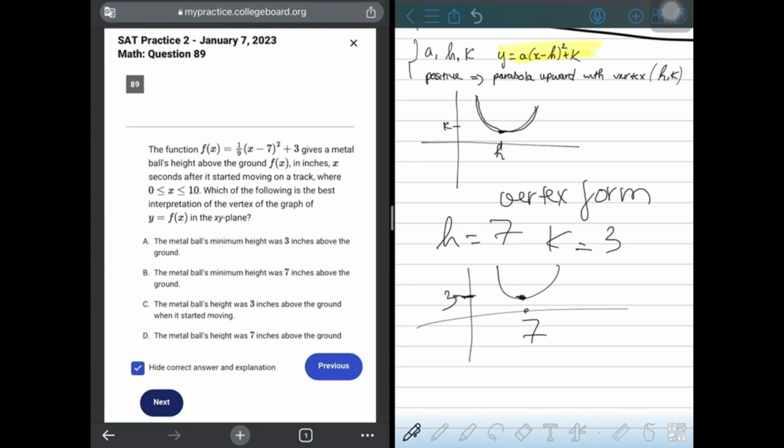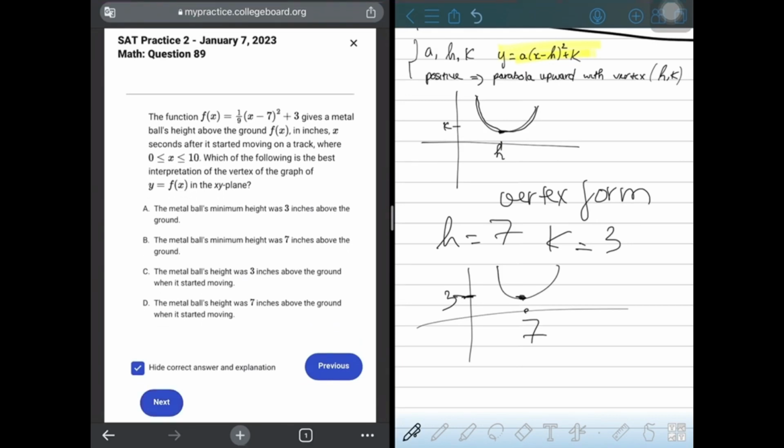So now look at the answers. It's either minimum or maximum. Minimum. So we just consider answers A and B. The 3 here is the minimum height above the road, because 3 here is on the y-axis, and it's also equal to f(x).